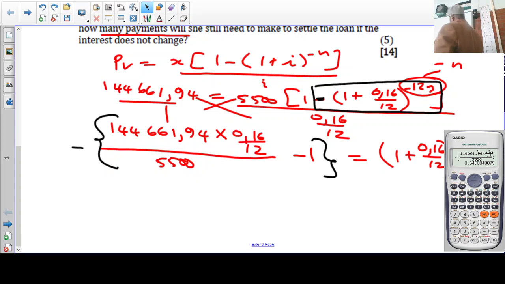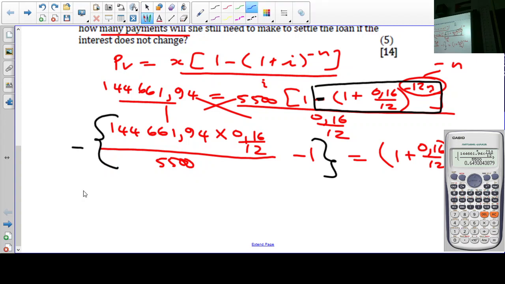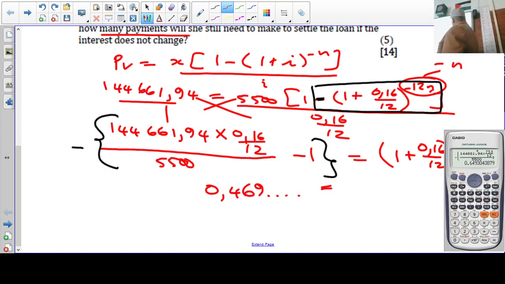So that gives us an answer of 0.469. Now, of course, the number carries on. Equals 1 plus 0.16 over 12 to the exponent negative 12n.